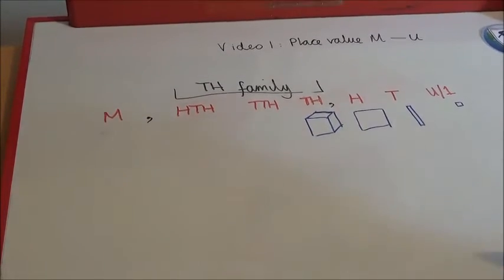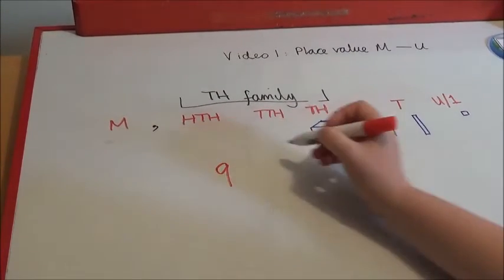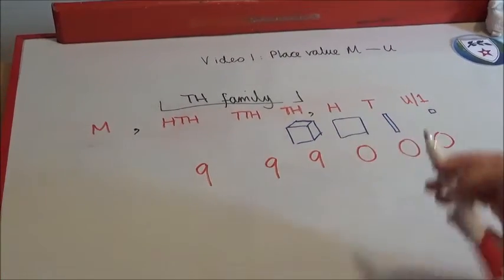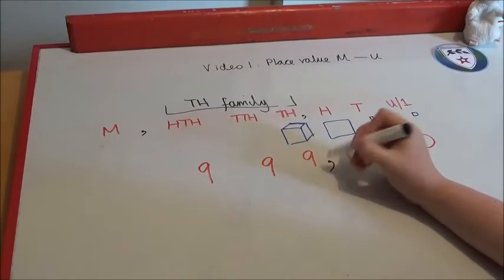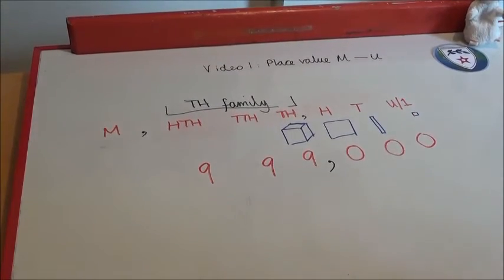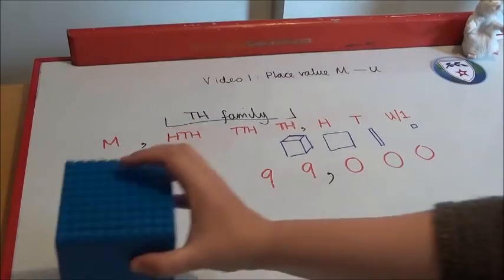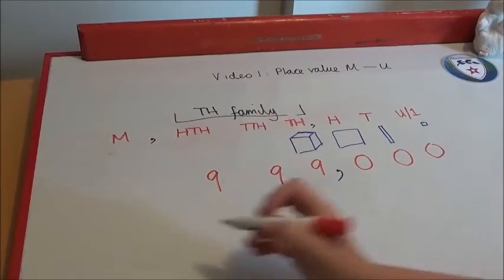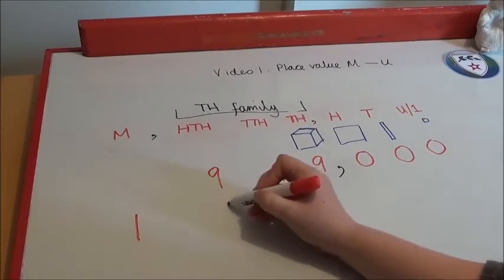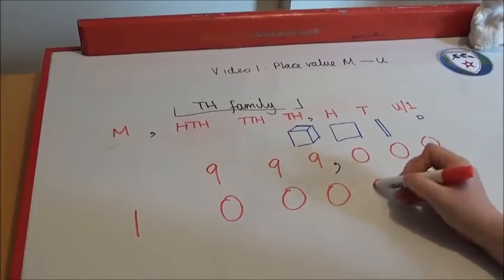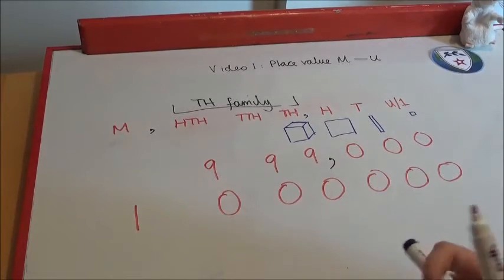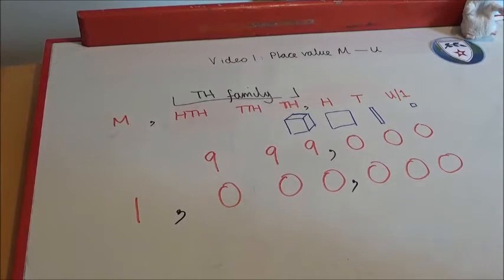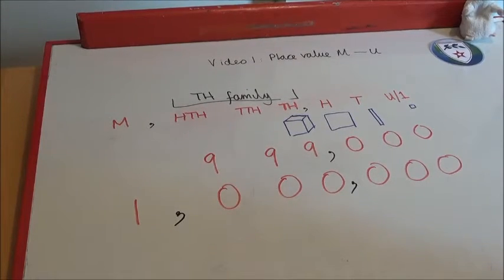In fact, once we get to 999,000, if we add another 1,000 cube, we'd actually send that into 1 million, having 1,000 of those place value cubes to represent it visually.